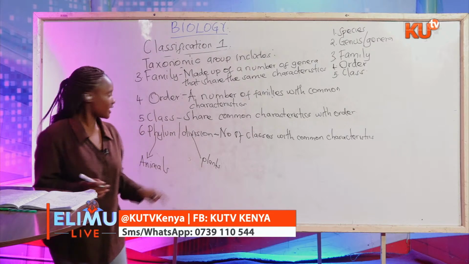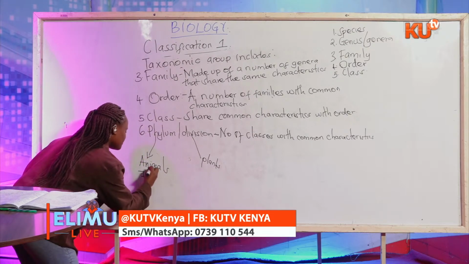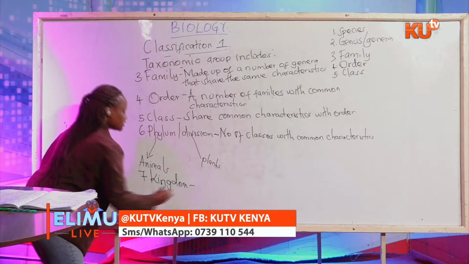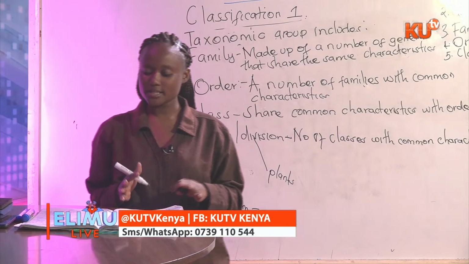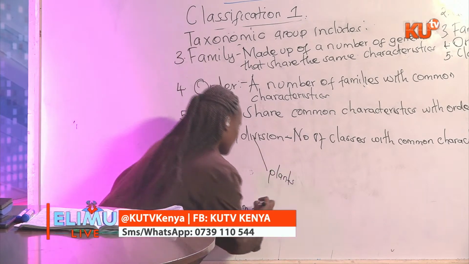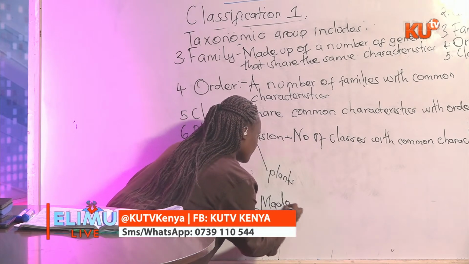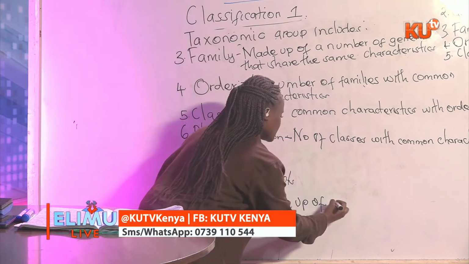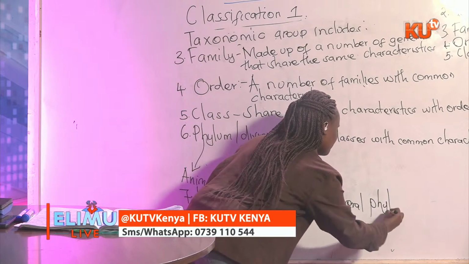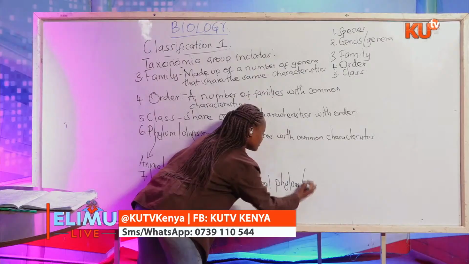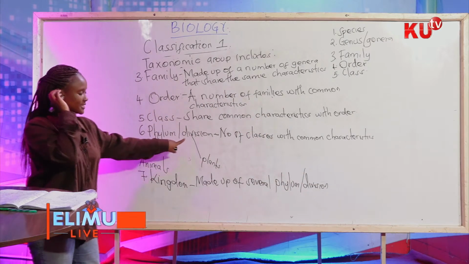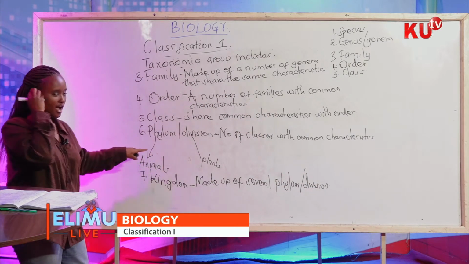Now we go to the seventh one. We have kingdom. Kingdom is made up of several phyla or division. Division happens in plants, and then phylum is for animals.